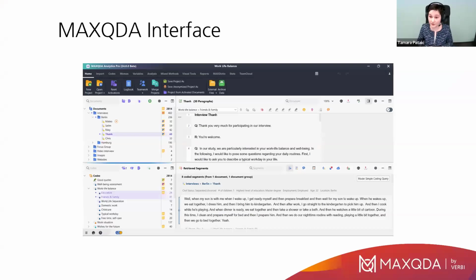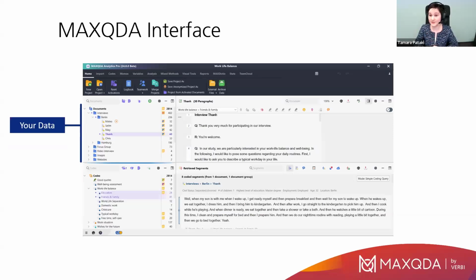And what MAXQDA allows you to do is to have a quick view of your entire project with all of your project data at one place. So if you have different data types, if you have different types of data collection that you have done, you can collect them all at one place, and they would show up here right in your project.